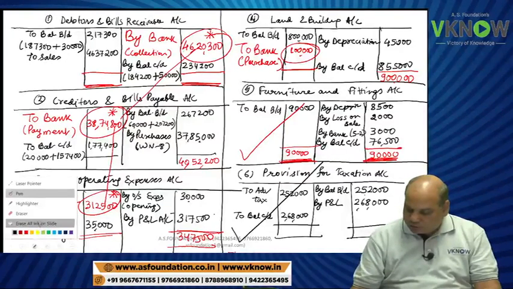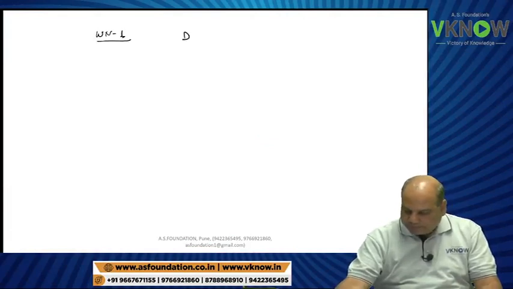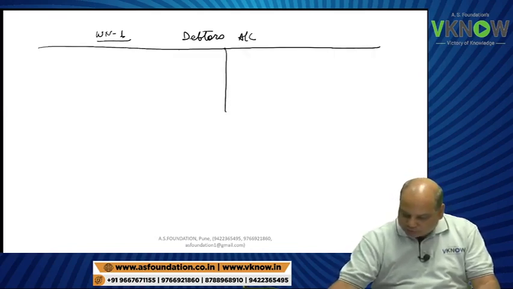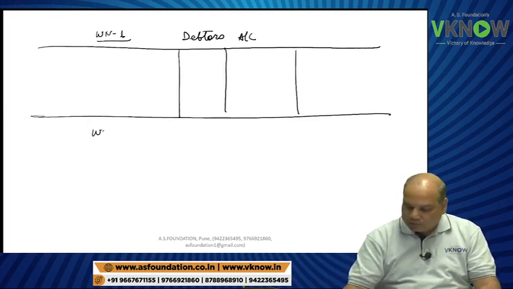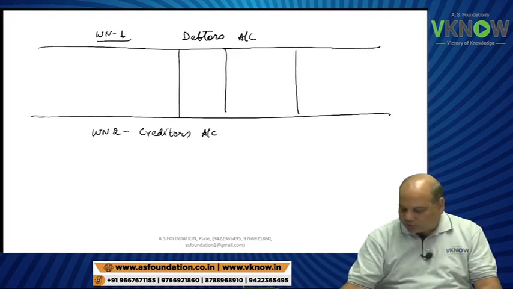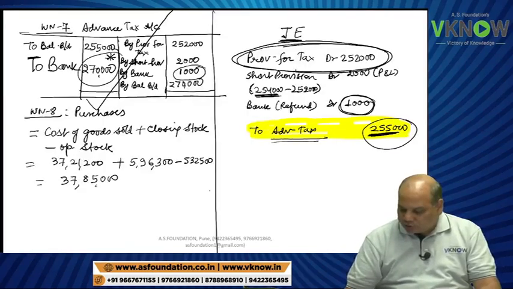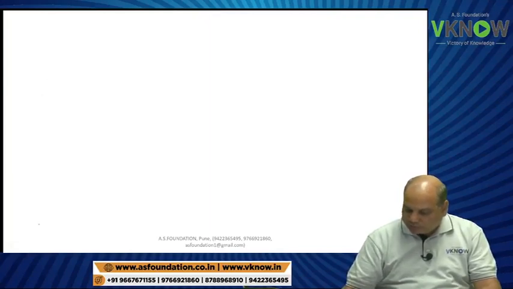First working note we will write debtors account, just 5 lines. And working note 2, creditors account. And if you have any query, you can ask me at any point of time.